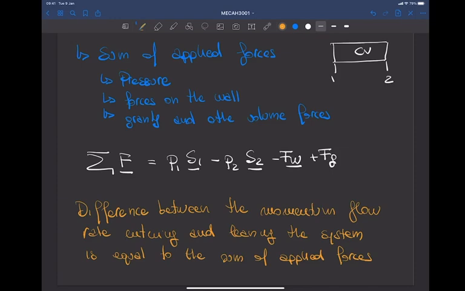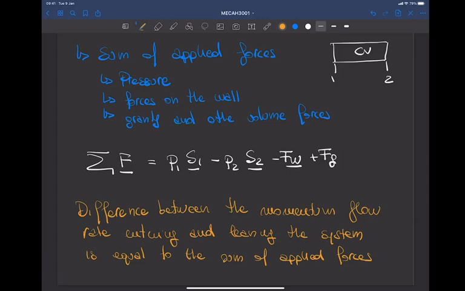So the pressure contribution in section 1 is positive because it's doing a work to enter inside the system, while we consider negative the forces which are responsible of a work done by the system.